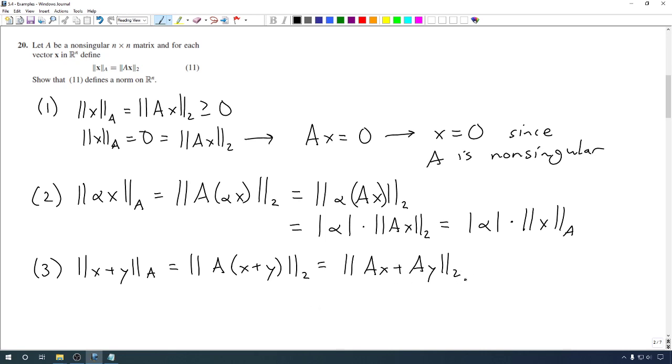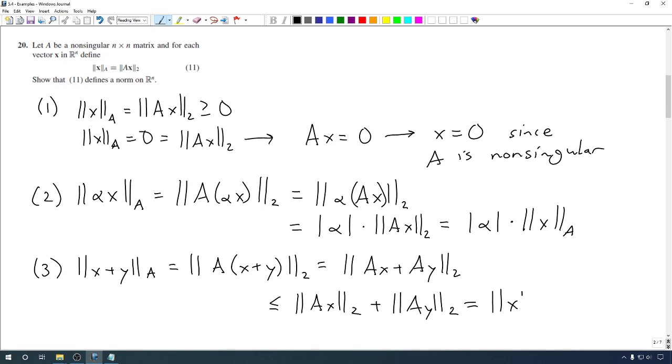We can use the triangle inequality for the 2 norm to say that this thing is less than or equal to the 2 norm of Ax plus the 2 norm of Ay. And of course, the 2 norm of Ax is the A norm of x. The 2 norm of Ay is the A norm of y.